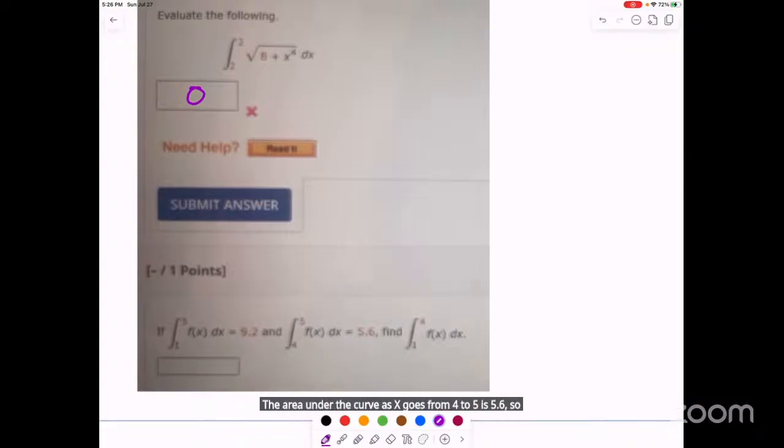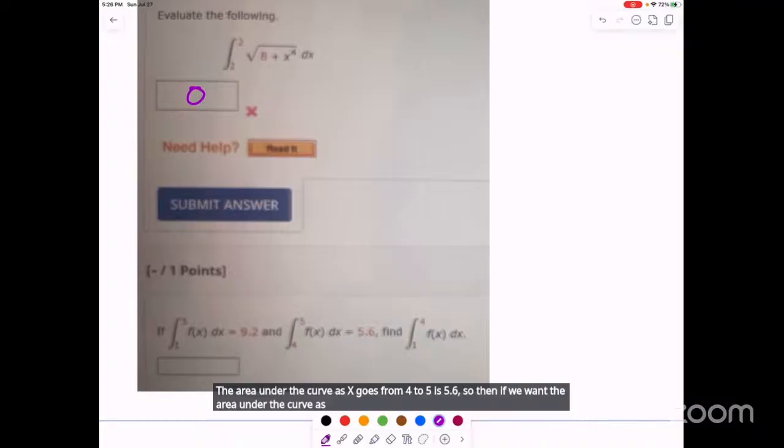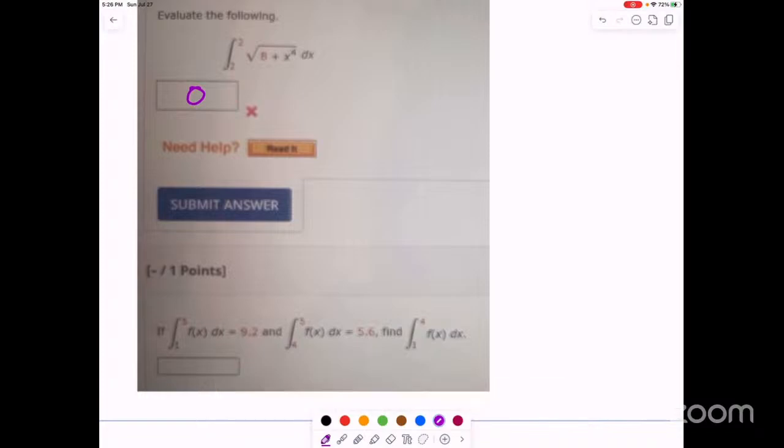So then if we want the area under the curve as x goes from 1 to 4, we just say 9.2 minus 5.6, right? If that were 6, that would be 3.2. So then 3.6. So I'm getting like a 3.6 there.